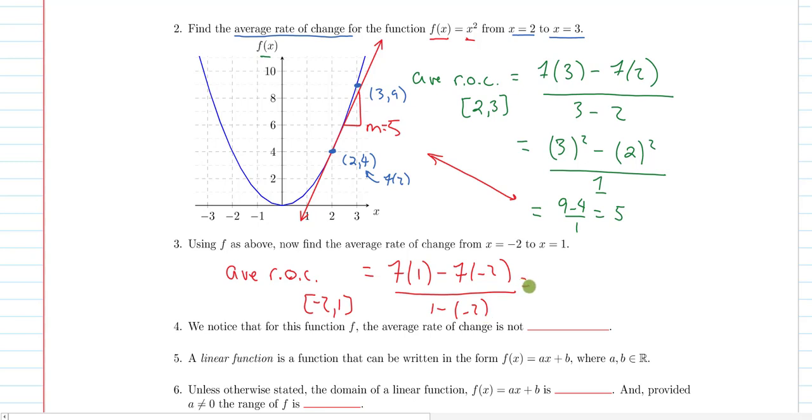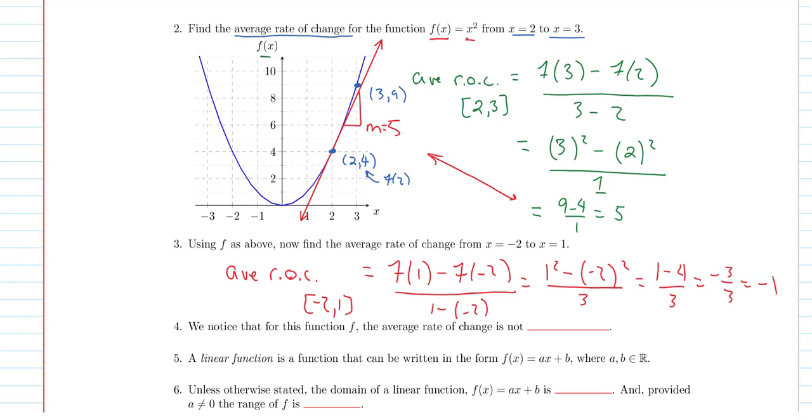And so if I were to compute f of 1, that would be 1 squared. And we're going to subtract from that -2 squared, divided by, notice the denominator would be 3. And so what we end up with is 1 squared is 1, minus 4 divided by 3. That would be -3 divided by 3, which is equal to -1. The average rate of change over this particular interval is -1.